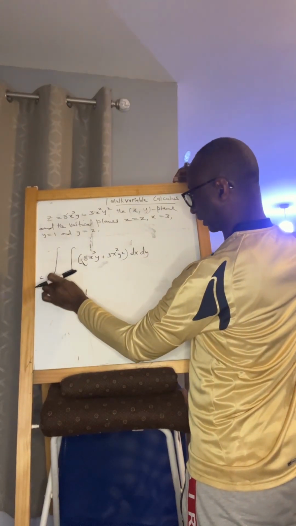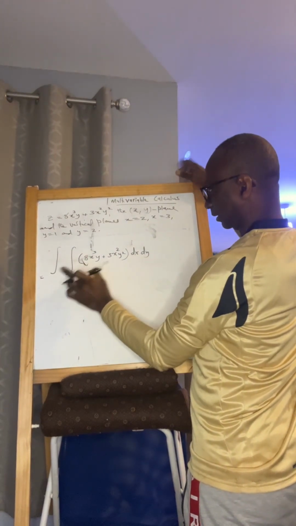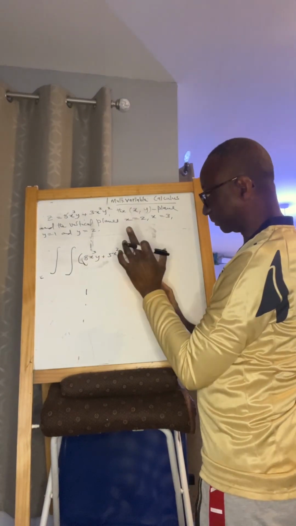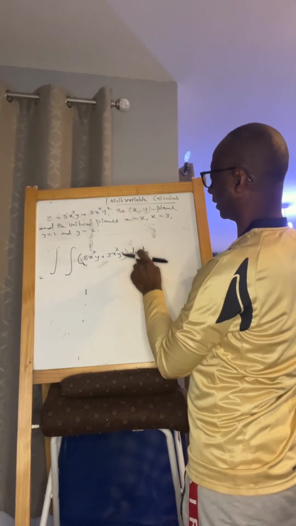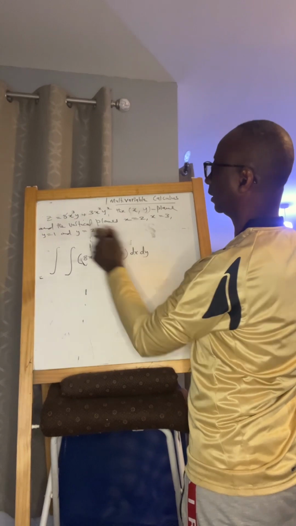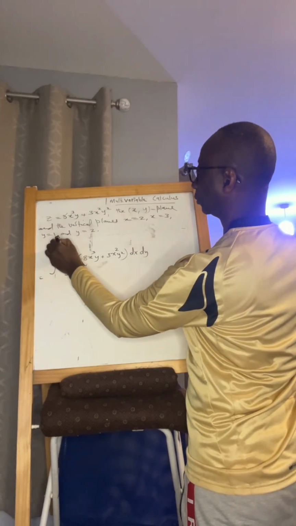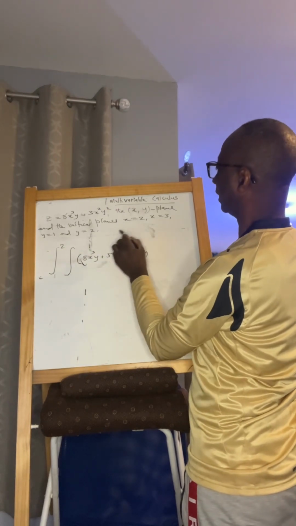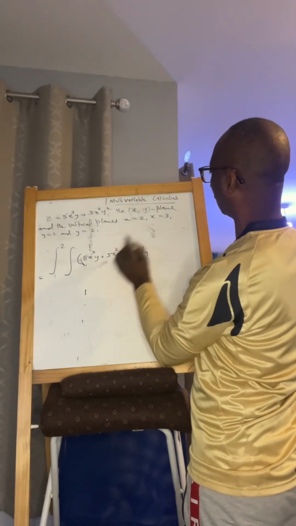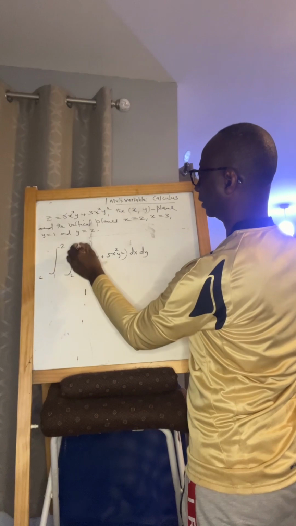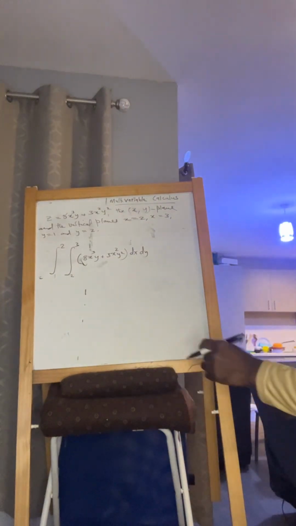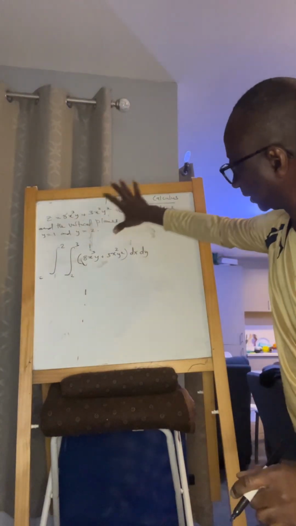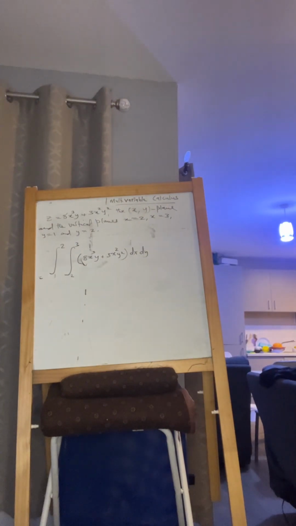Outer goes with the outer, inner goes with the inner. Some people interchange by mistake. So the y starts from 1 to 2, because if you write them wrong, you get the answer wrong. And then x, which is the inner one, starts from 2 to 3. So this is what we have interpreted here.